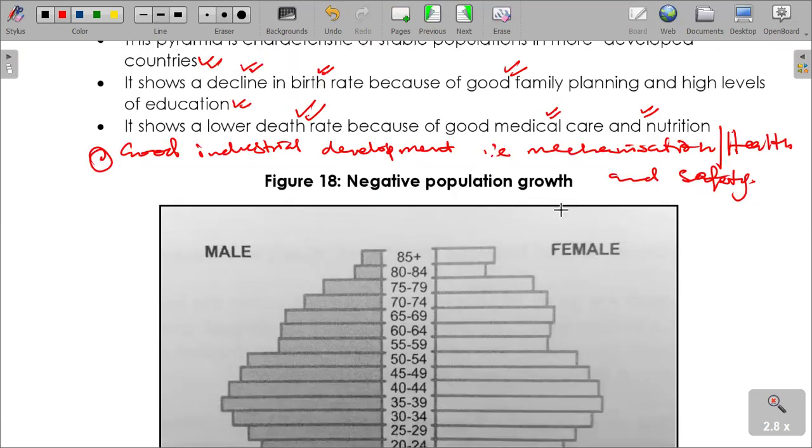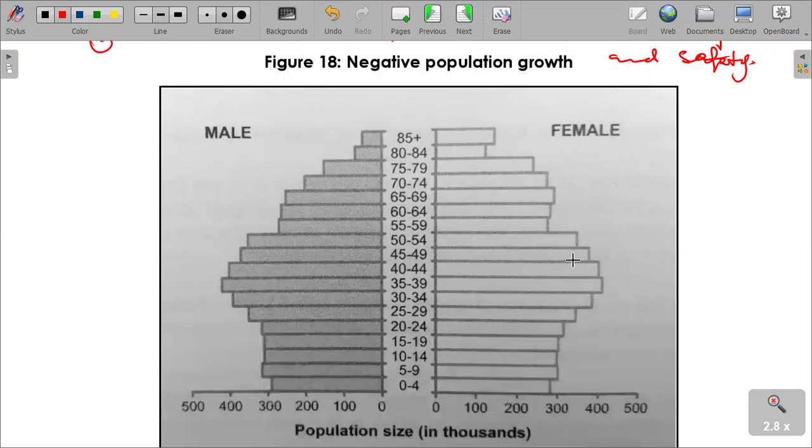but unfortunately, because of financial constraints and many other finance-related factors, people still succumb to such conditions and problems. And then we have negative population growth, where we are seeing that birth rate is very low.